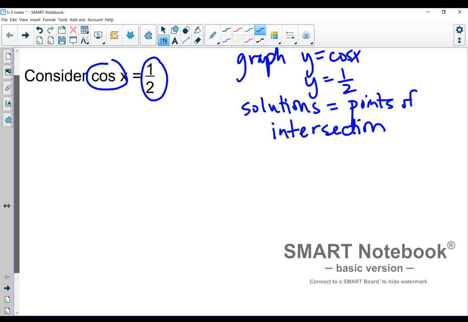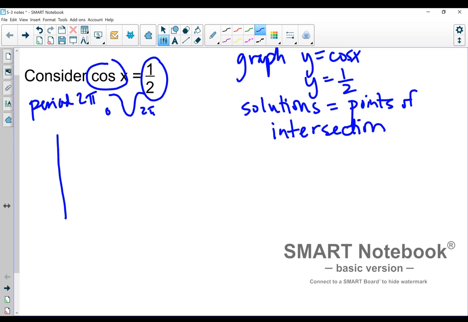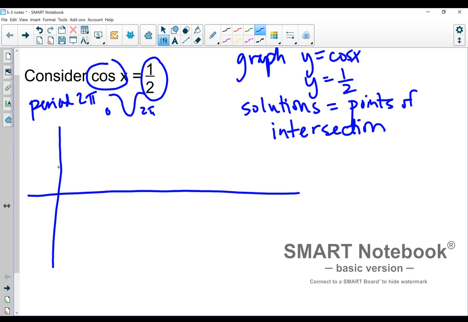So I'm going to go ahead and graph cosine x. Remember that our period is 2 pi. It goes up, middle, down, middle, up, so that goes from 0 to 2 pi. We'll make a scale here. My amplitude's 1, so here's 1, here's -1. We know we need to label by halves of pi: pi over 2, pi, 3 pi over 2, 2 pi.